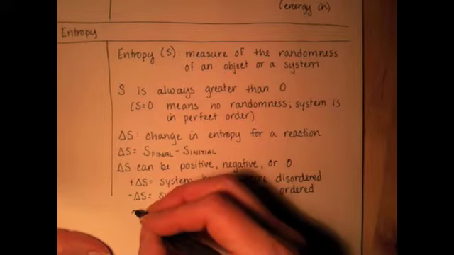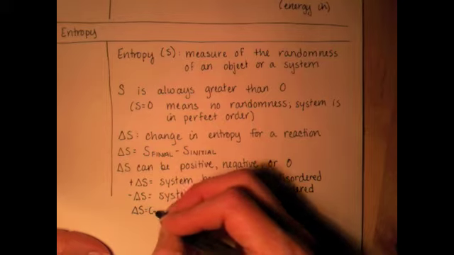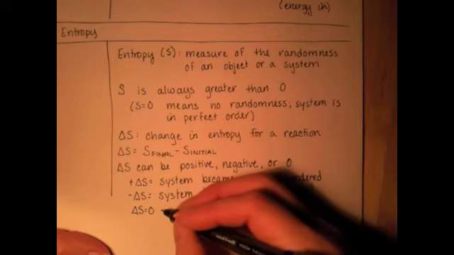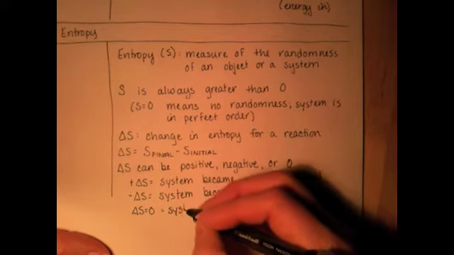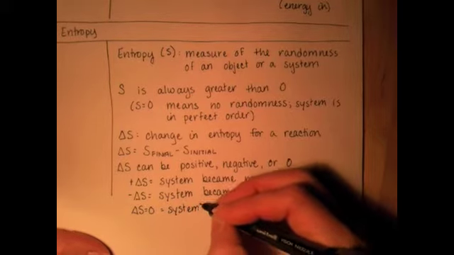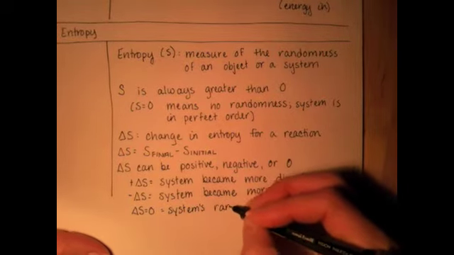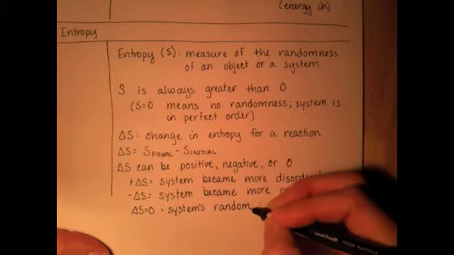And if the change in entropy is 0, this means that the system's randomness is unchanged.